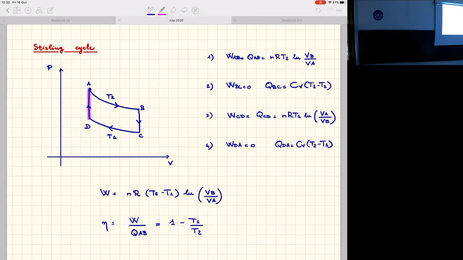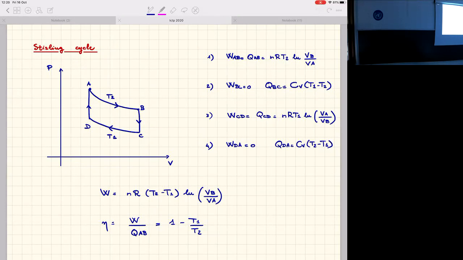From which reservoir? Look, I have to think slowly about this. It's a good question. Let me do it first thing next time. I will give you an answer about this cycle, about why you don't put QBC and QDA. It's a reasonable question, and I'm confused myself about the result. So I want to think about it slowly again.